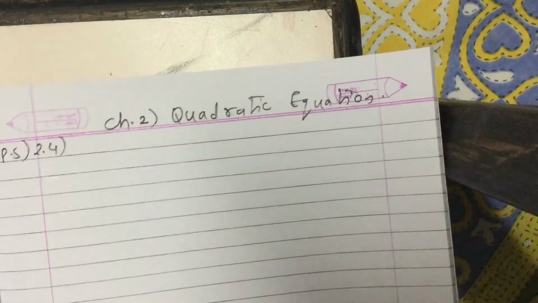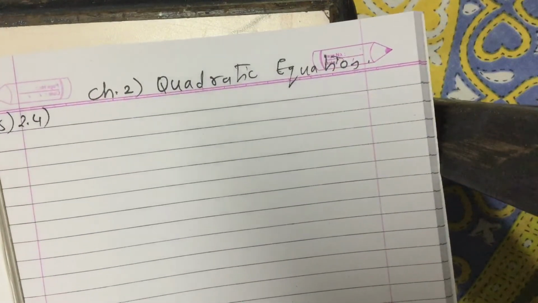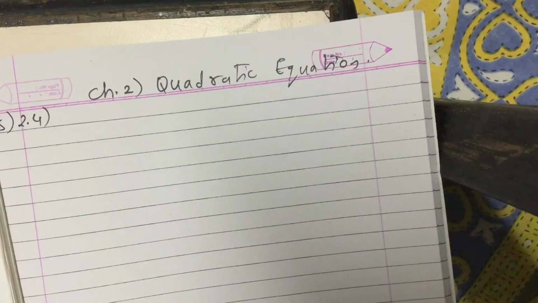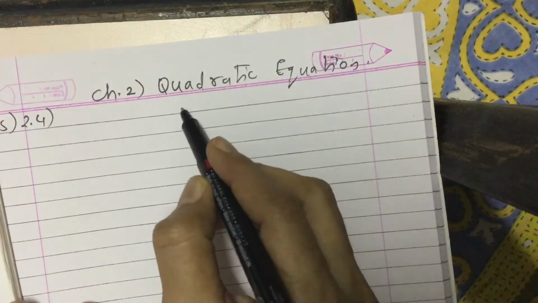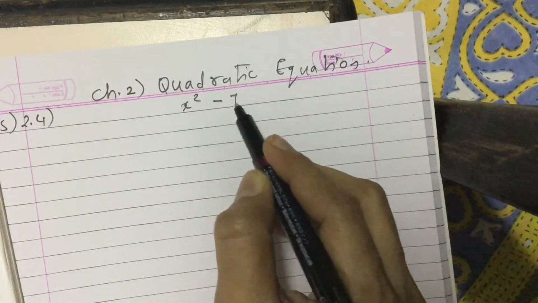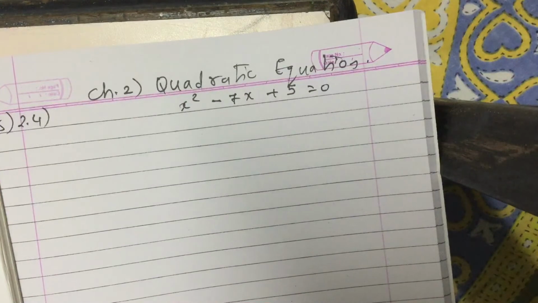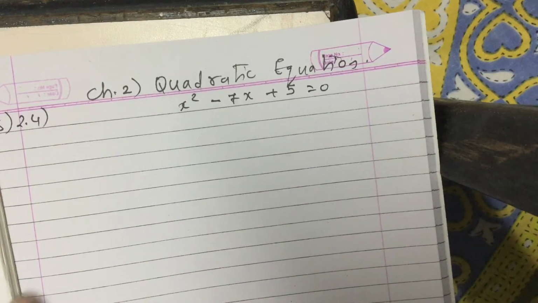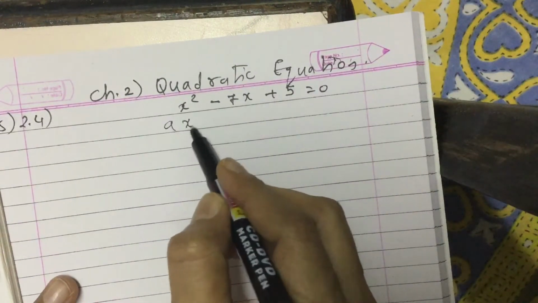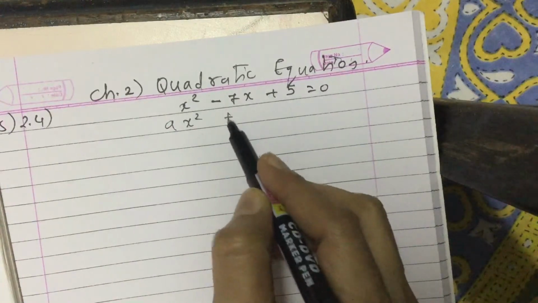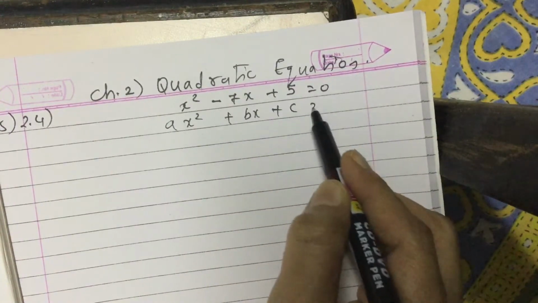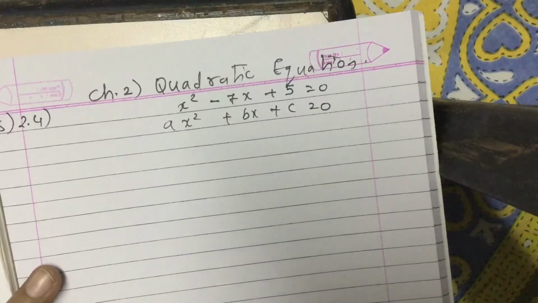What is the question? The question is x square minus 7x plus 5 is equal to 0. I have to write this equation in the standard form. So what is my standard form? ax square plus bx plus c is equal to 0.